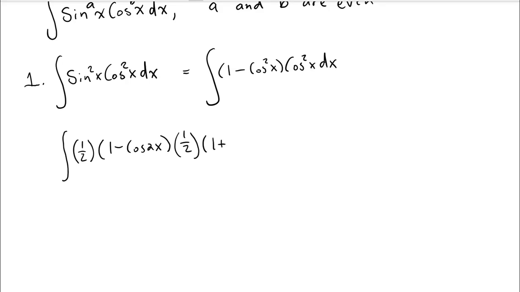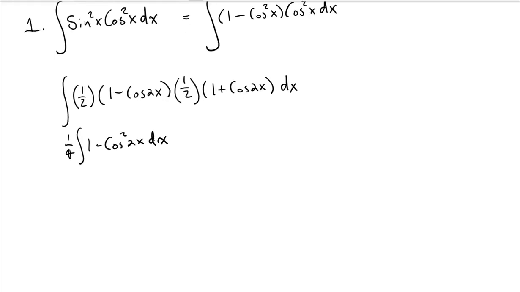So I'm going to rewrite those identities right here. And what we're going to notice is that when we multiply these together, some terms are going to cancel out. We'll get 1, and then plus cosine of 2x minus cosine of 2x. Those will both cancel, and then we'll get a minus cosine squared of 2x dx.